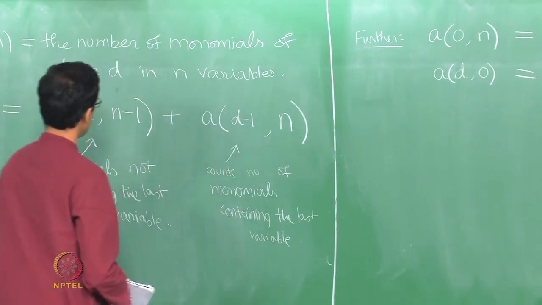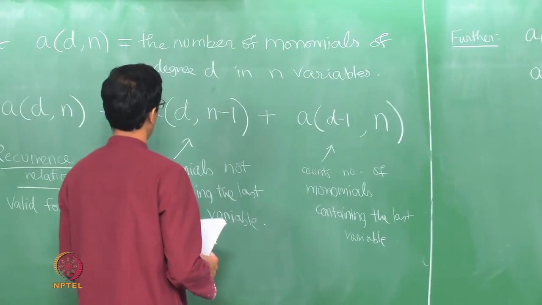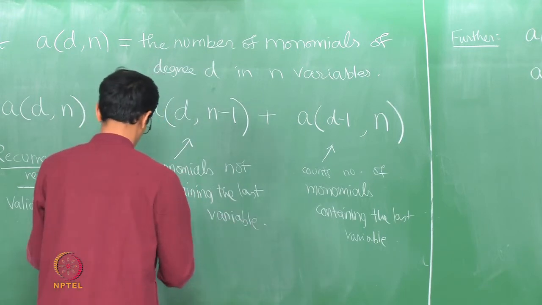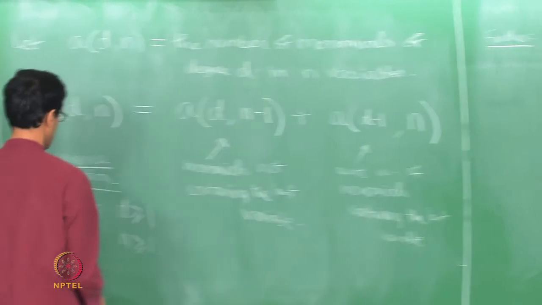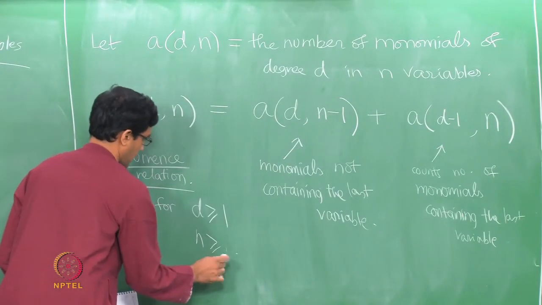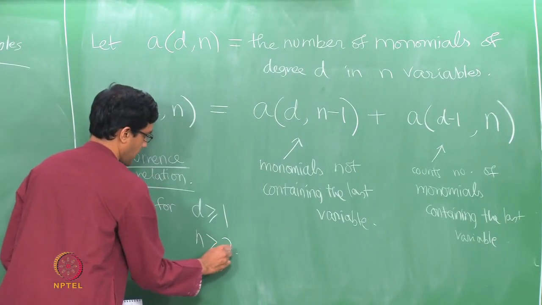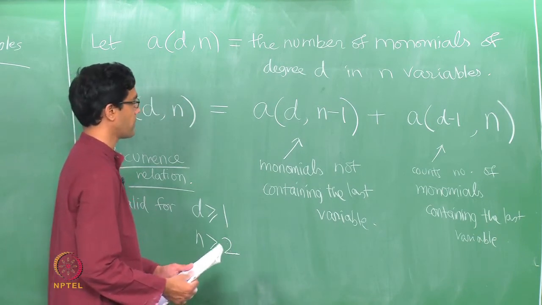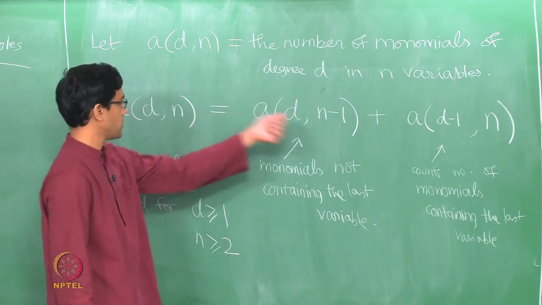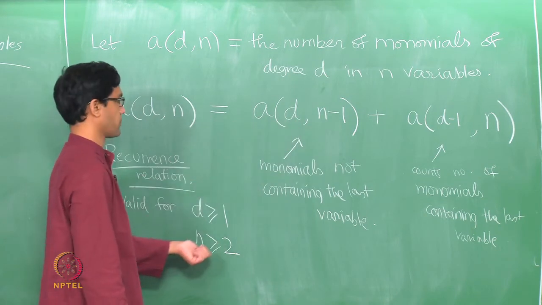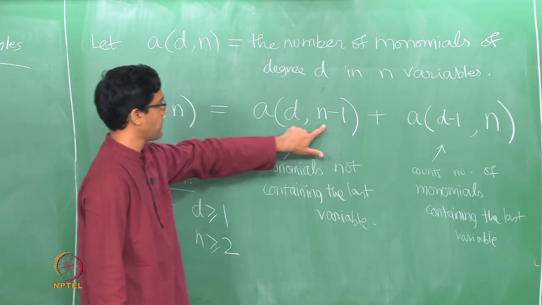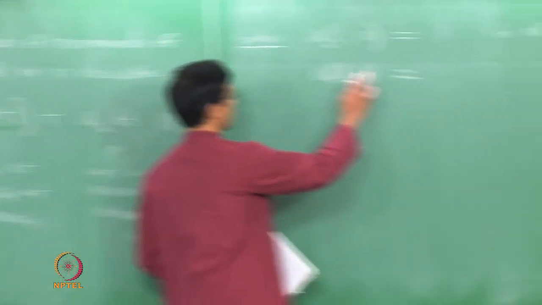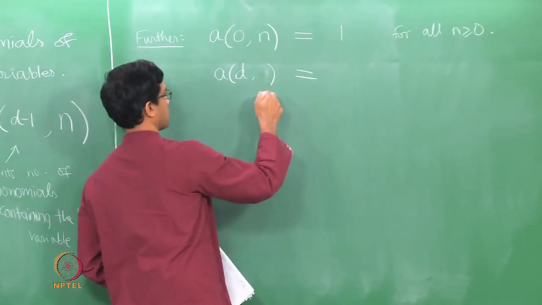That is probably not something that we would want to do, because we would have to define this. So let me just modify this. So let me say I want at least one variable, I do not quite know what it means to have 0 variables. So then this equation is only true if n is at least 2, right, because on the right hand side I have n minus 1 occurring, which means this should be at least 1. So let me do this, what is a of d comma 1?